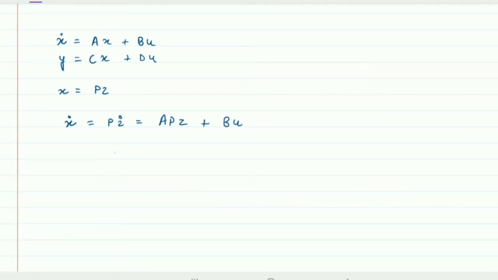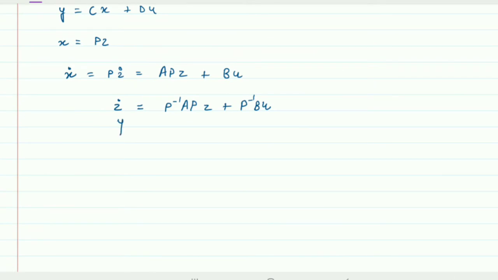If I represent this in the z form, we will have P inverse APz plus P inverse Bu. Similarly, the output y will be equal to C into P into z plus Du.